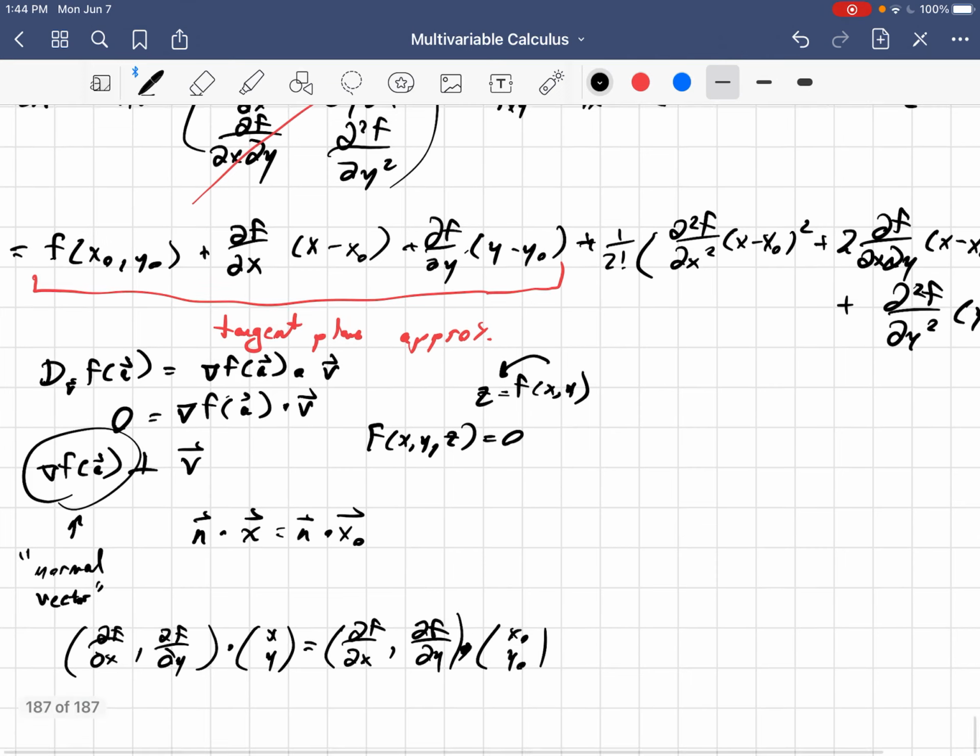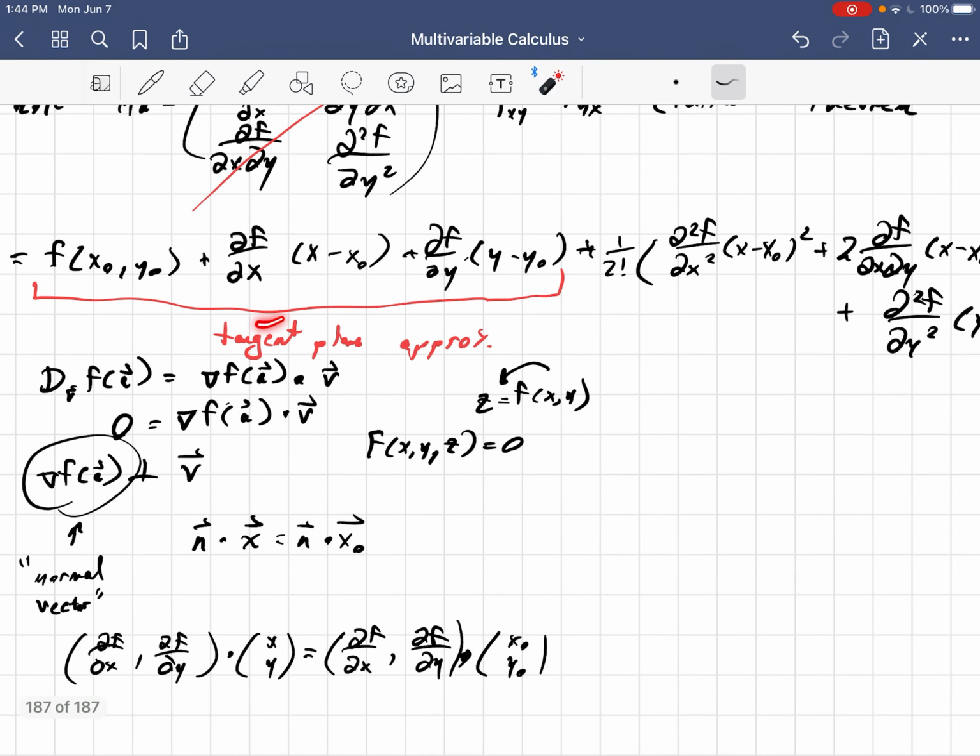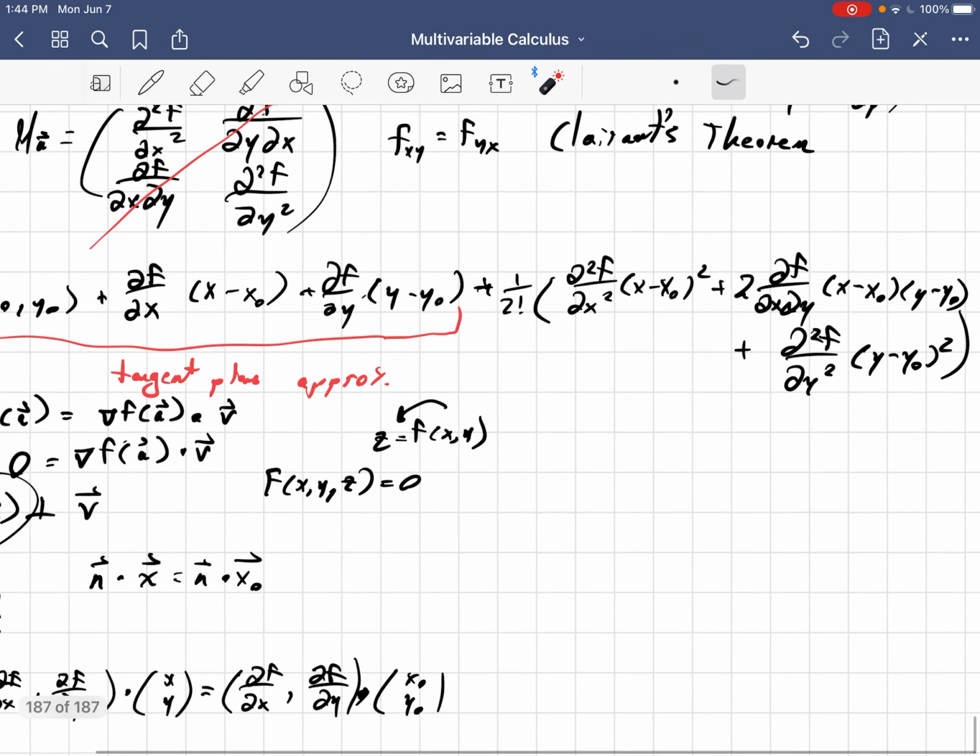And so that gives you this right here. And then, of course, if the tangent plane approximation is any good, it also has to match the functional value there. So we add that term.